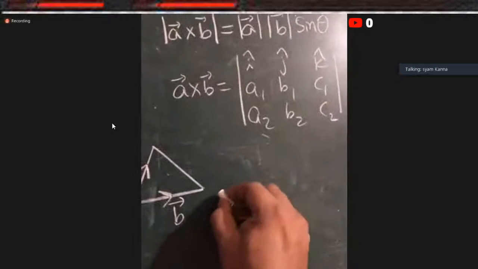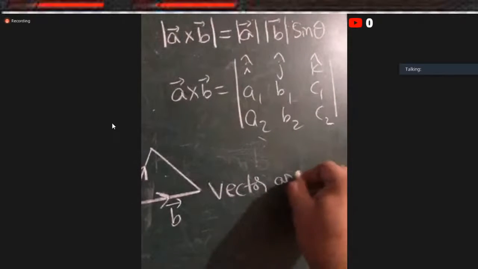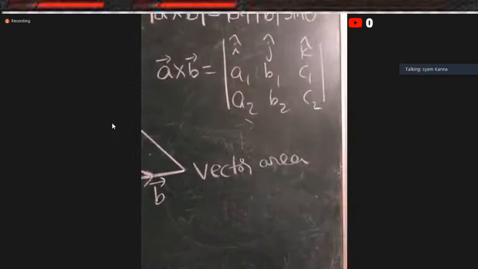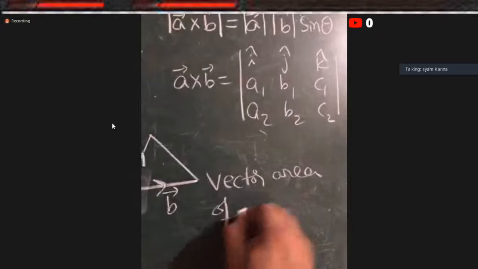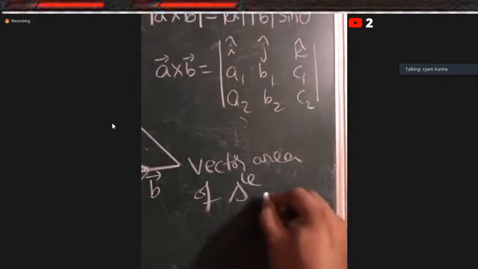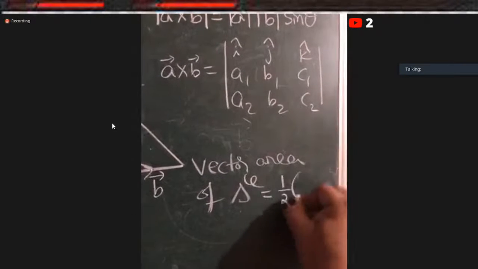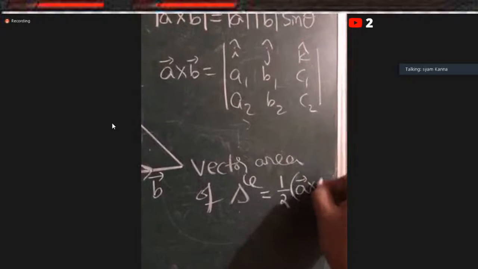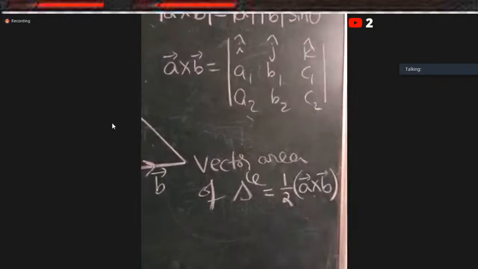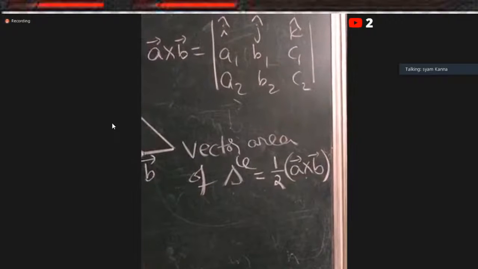Then what is the vector area of the triangle? Vector area of the triangle is half into A bar cross B bar.